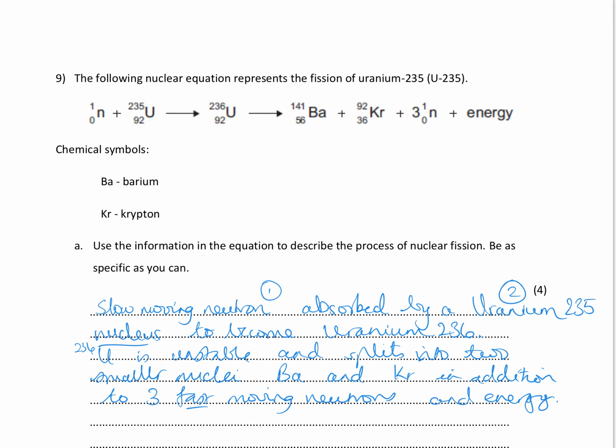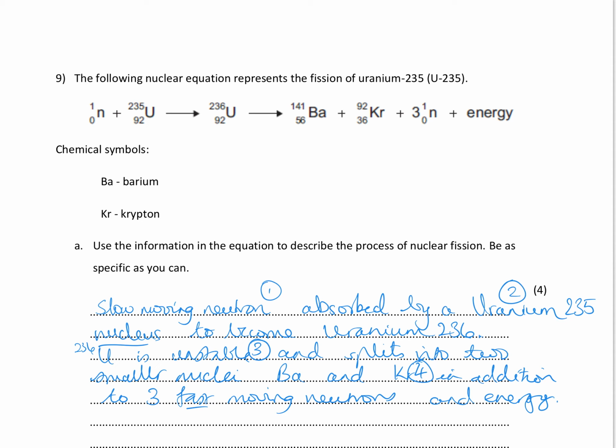Right, so let's see where the other marks came from. So you've got slow-moving neutron absorbed by uranium nucleus to become uranium-236, which is unstable. That's my third mark. And then splits into two smaller nuclei. So you would have got the fourth mark for either saying two smaller nuclei, or you could have said barium and krypton.